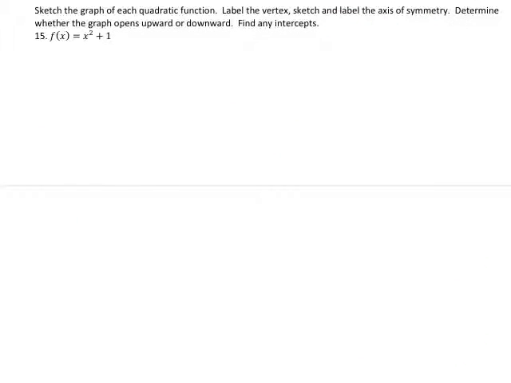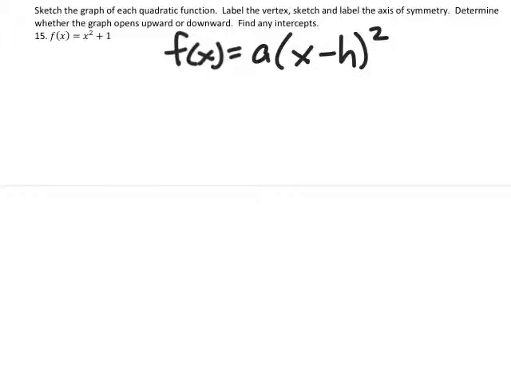All right, for number 15, and I'll get a graph on here soon enough, but you may remember that if we can find the equation or the function of a parabola in this form, f of x equals a times (x minus h) squared plus k, well, this will tell us immediately if this is opening upwards or downwards, and also where the vertex is, because the vertex will just be at the point (h, k).